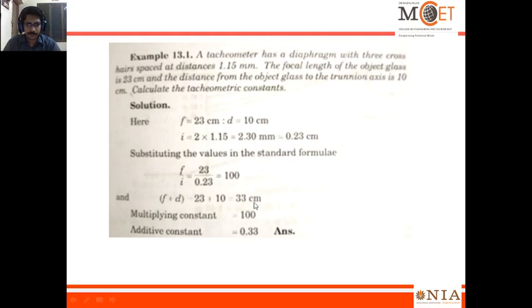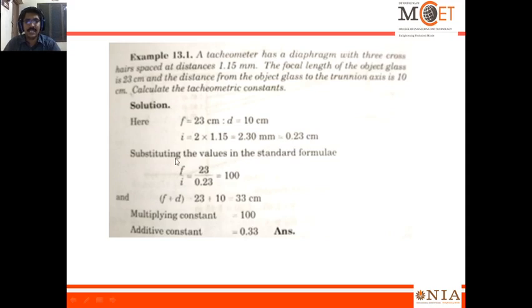So F is 23 and d is 10, giving 33 centimeter. Generally it will be converted to meters only, right? So here K becomes a constant, the unit gets cancelled, but the additive constant has a unit, so try to convert it to meters. So the constants you are able to get, right? This is one way.